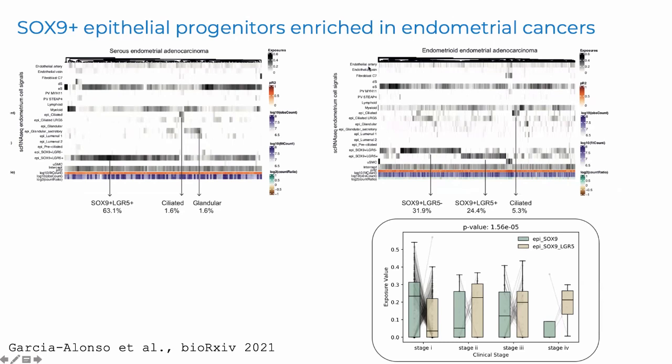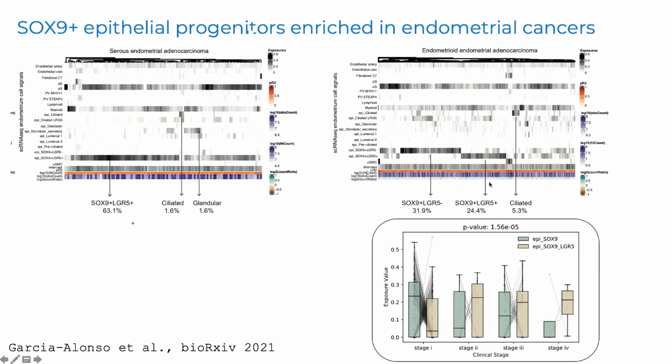And this is also quite a nice finding in the endometrial cancer, because we have two types, the serous and the endometrioid. The serous is more aggressive, and we see the signature. This is just deconvoluting bulk data with single cell, and in this case, we see the signature of LGR5 positive progenitor, while in the endometrioid endometrial cancer, we see that half of them are LGR5 positive, while the other half are LGR5 negative.